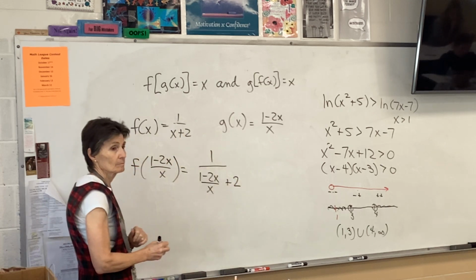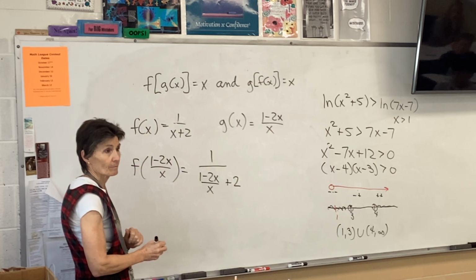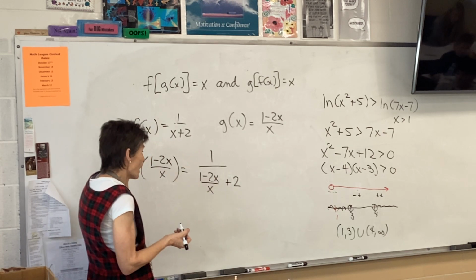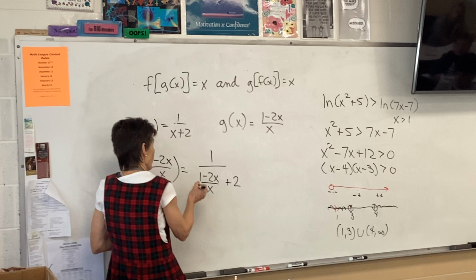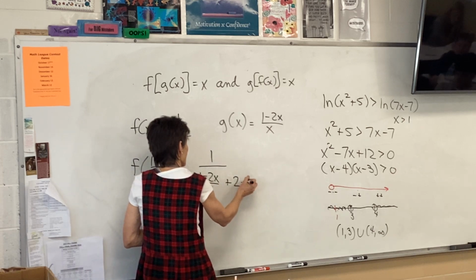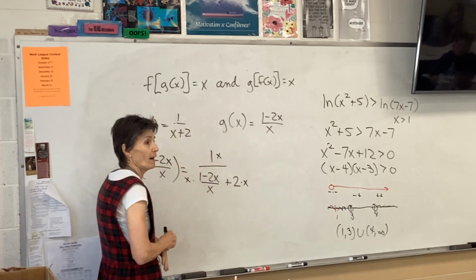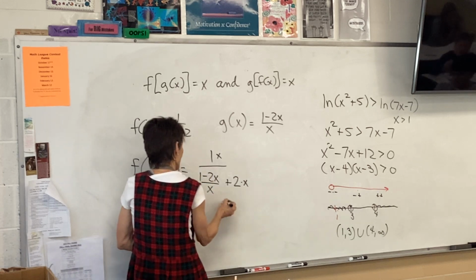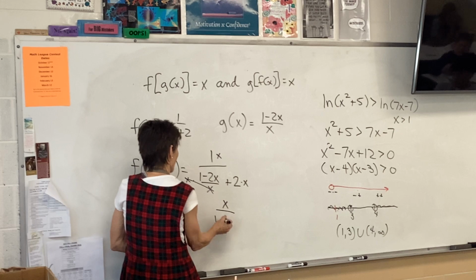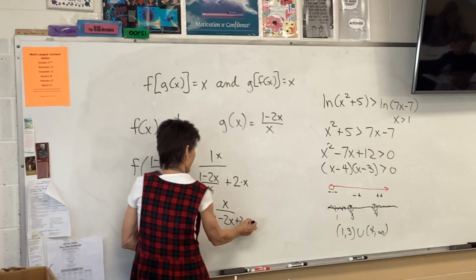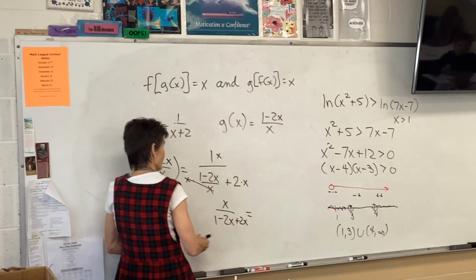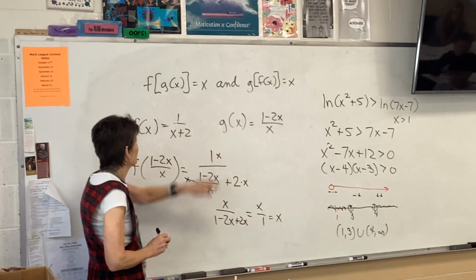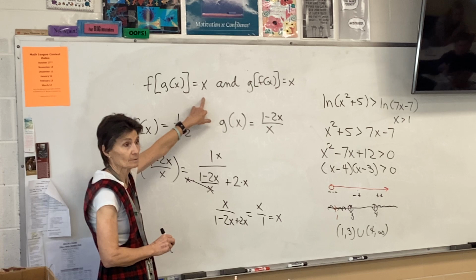To clean that up, there are always options. I like to just multiply everything by x, because that will get rid of my fraction. So I'll have x over 1 minus 2x plus 2x. Oh gosh, what is that? That's x over 1, which is x, which is exactly what I had to do.